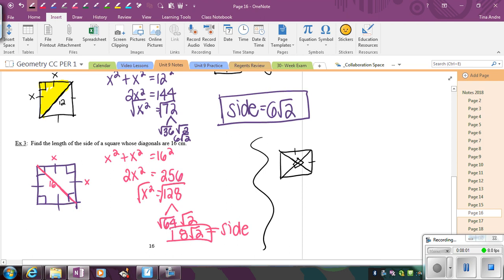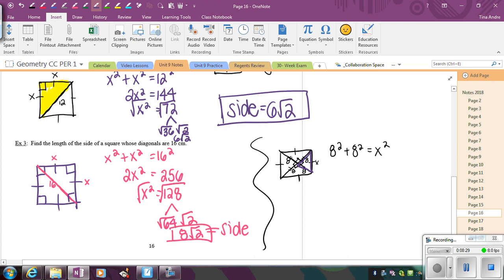So if this entire thing is 16, I could have said 8 and 8, and really, because a square is a rectangle, all four of these little parts are equal. So that would have meant that this is 8 and this is 8. So I could have done the setup a little bit differently. I could have said 8 squared plus 8 squared equals x squared, using just one of these small right triangles.